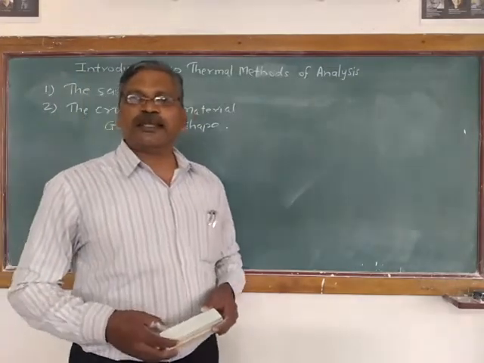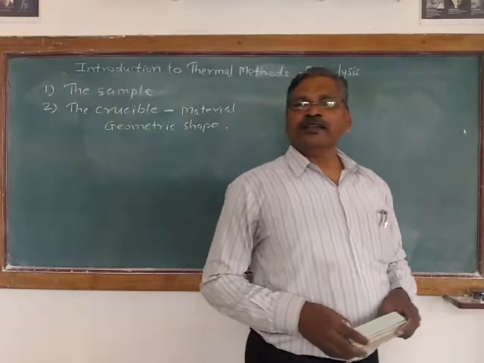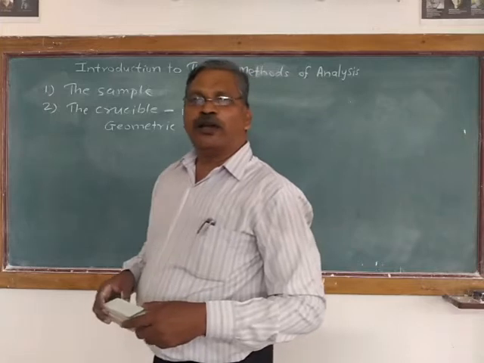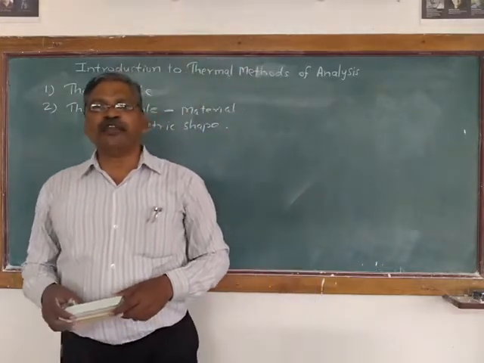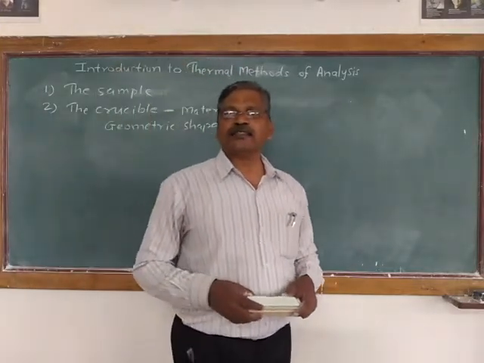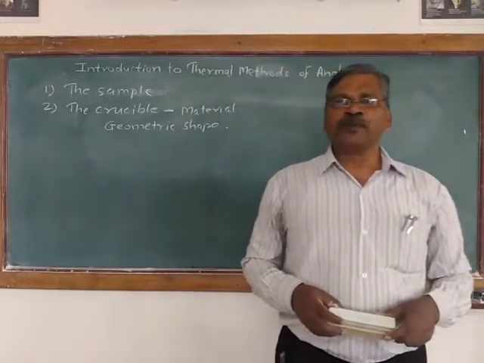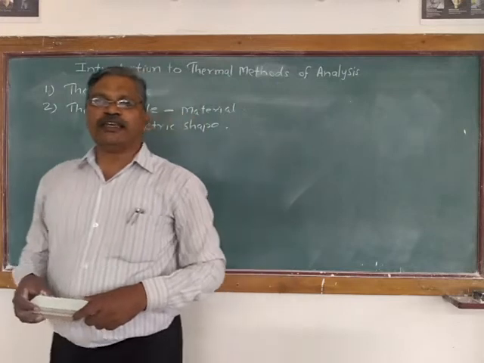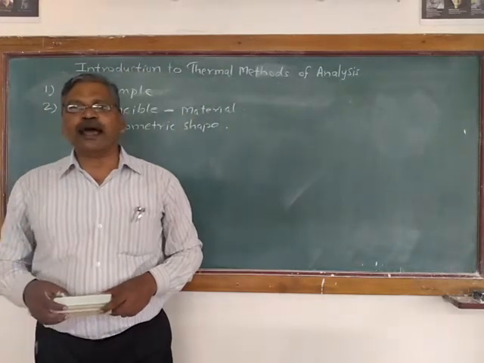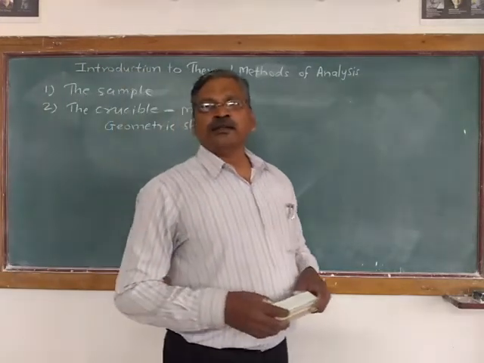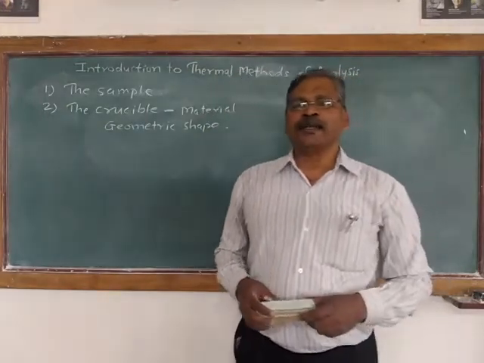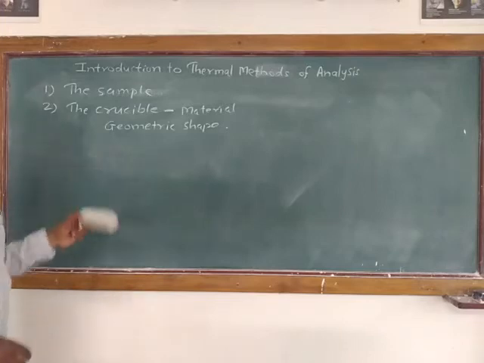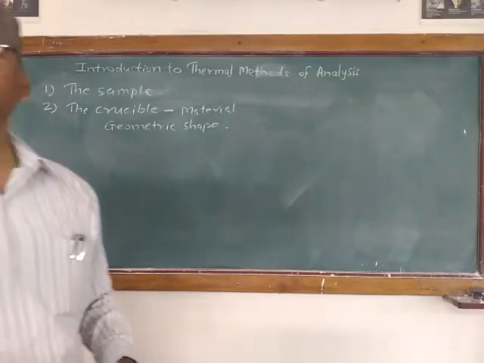So the geometry of the sample holder is also important in thermal analysis, since a shallow wide holder will allow free diffusion of the reactant gases to the sample, and the product gases go away easily. While in a narrow or deep holder, the flow of gases gets restricted. So the geometry of the crucible is an important factor.